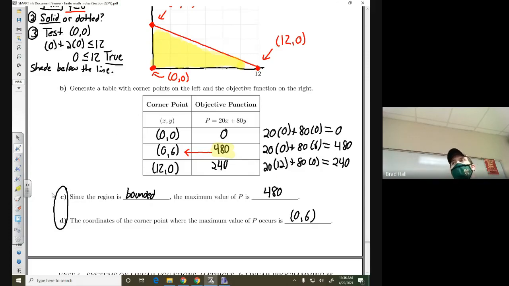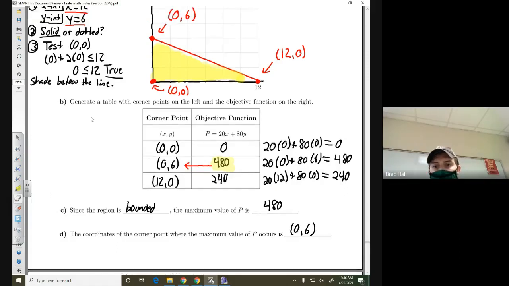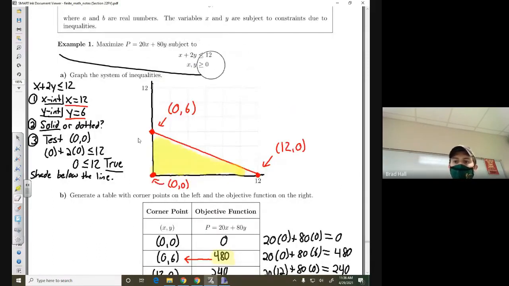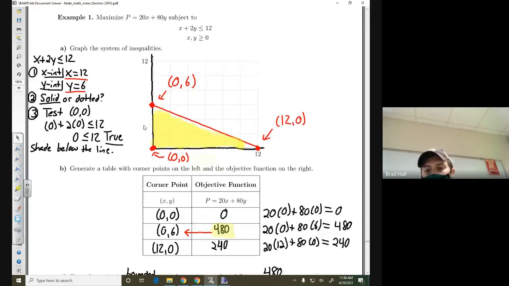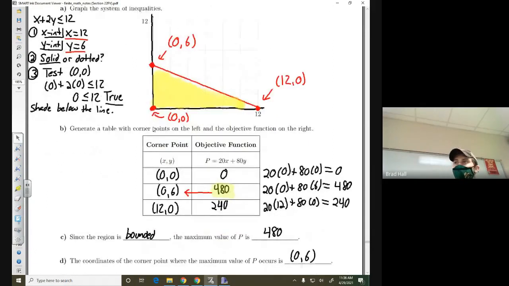It'll be due Wednesday at the earliest. I don't know what day I'm going to assign it yet, but when you do start looking at this homework, it's only going to show C and D, and you have to do A and B on your own. But this is linear programming. Does anyone have any questions before we move on to the next example?